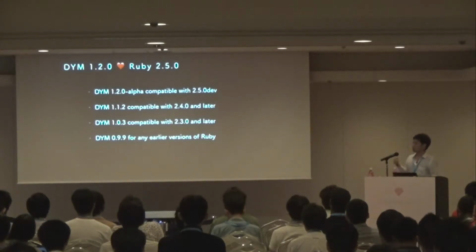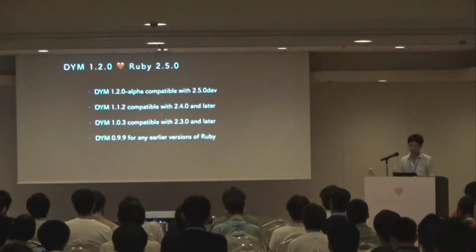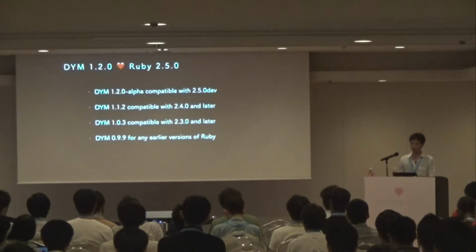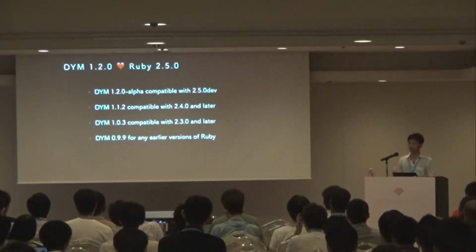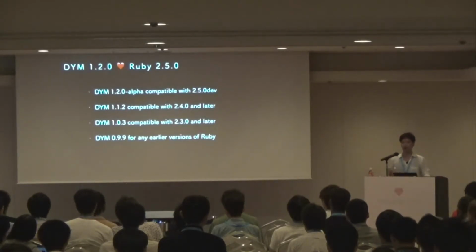The current latest version of DidYouMean, which is 1.1.2, is not actually compatible with Ruby 2.3. And 1.0 is only compatible with 2.3 and later. If you are still using Ruby 2.2 or earlier, you can only use 0.9.x. I'm doing this because I wanted to use the latest features of Ruby core so I can make the DidYouMean gem more accurate and robust.